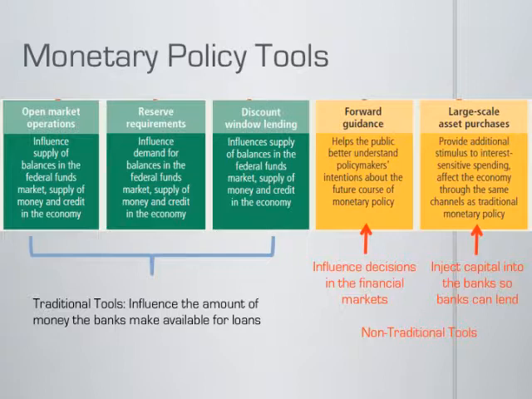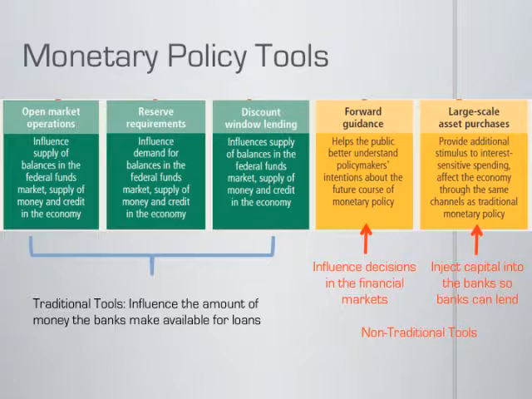So what the Fed is basically saying, and you see this in the paper a lot now, is we're going to raise interest rates in a few months. By saying things like that, they're trying to influence decisions in the financial markets. They're saying the Fed's going to raise interest rates in a few months, so we better borrow money now because the interest rates will be higher later.